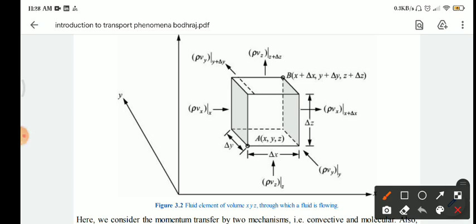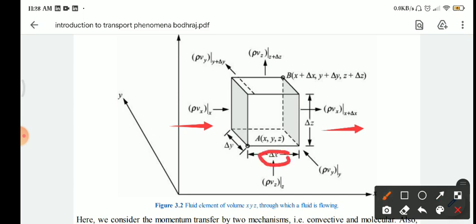If we consider the x direction only, this will be the inlet portion. At that point, the flux is rho vx at x, and at the outlet it is rho vx at x plus delta x, and this thickness is a distance of delta x.